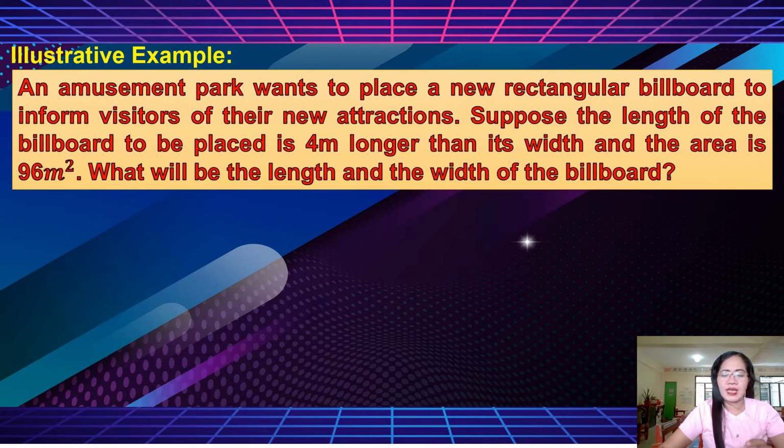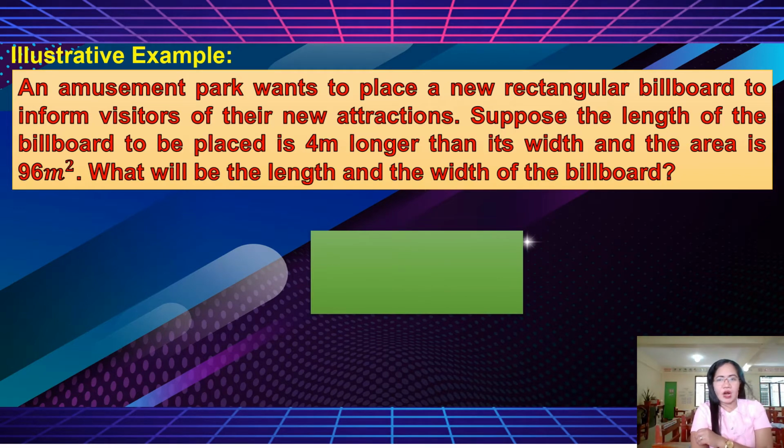Now, for example, this is our rectangular billboard, and we are going to solve for its length and the width. So, for example, that is the width, and this is the length.